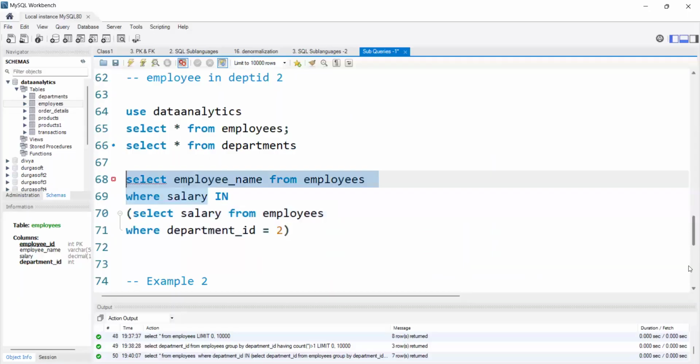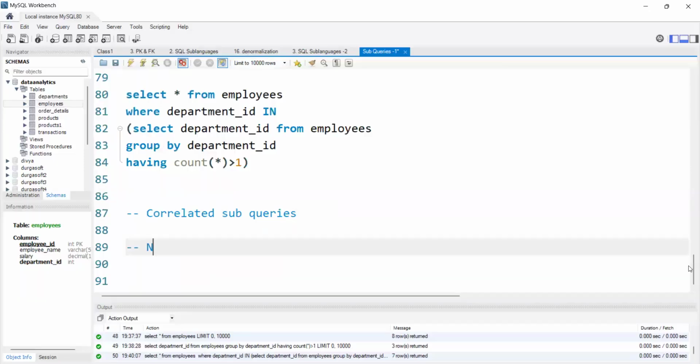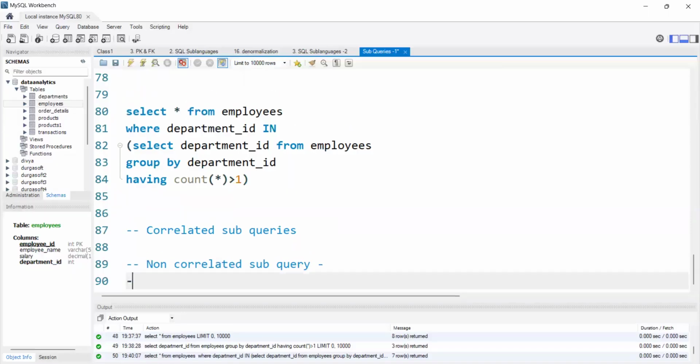Let me write the definition of non-correlated first. In a non-correlated subquery, the inner query, which we also call the subquery, will not be related to the outer query.